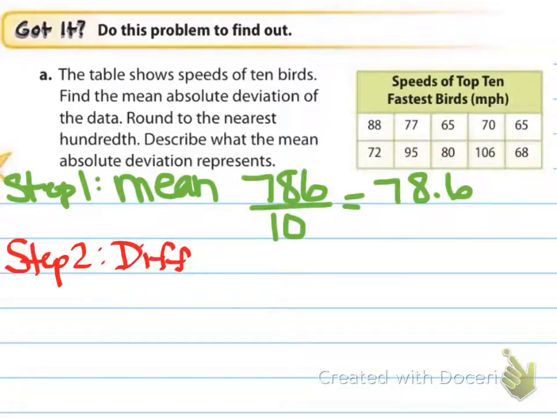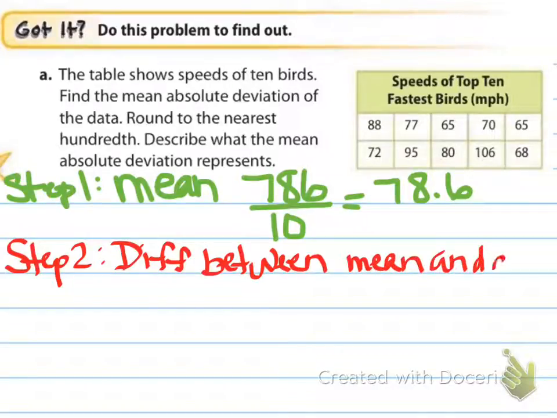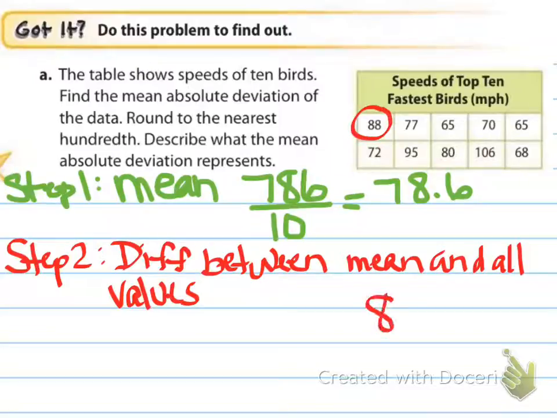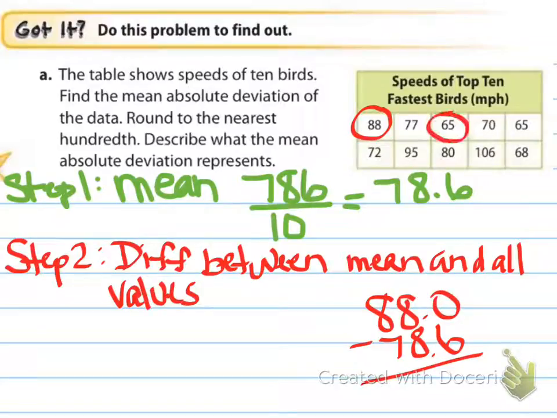Now step 2, we're going to find the difference between the mean and all the values. So we're literally going to take, and I'm not going to do every one of these, each of these numbers and either subtract 78.6 from them, or subtract them from 78.6.